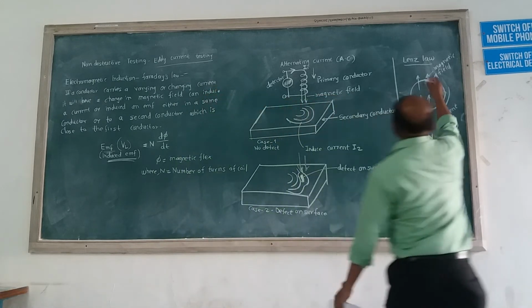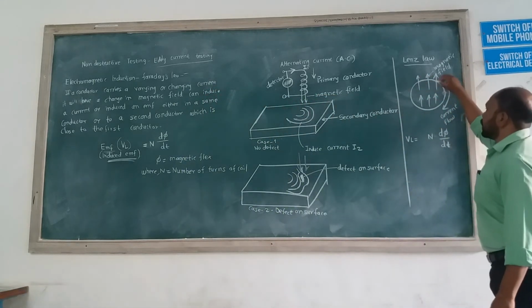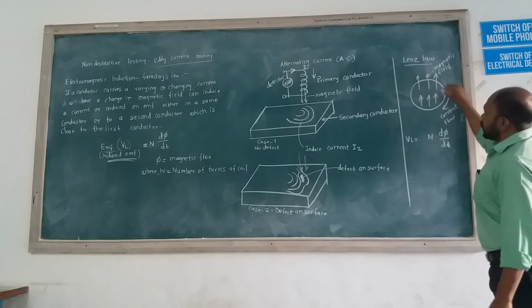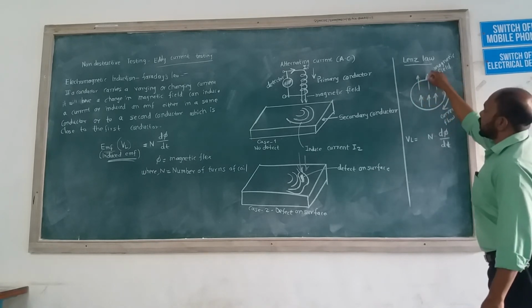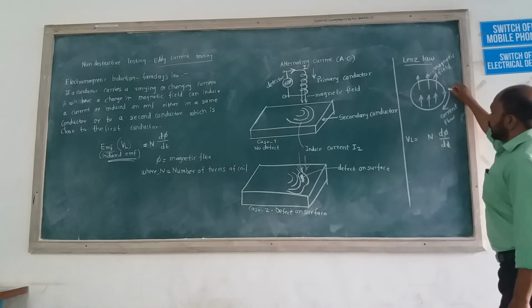If we consider this is one conductor, and current flows through this conductor, then a magnetic field is generated like this.